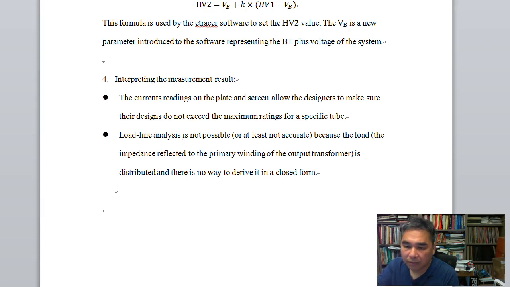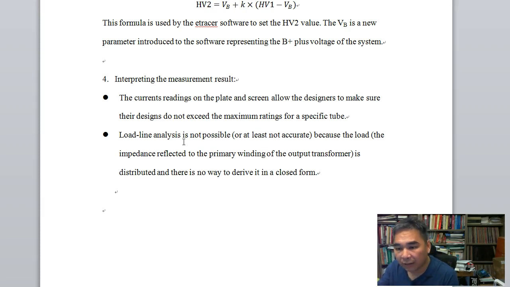The reason is that the primary inductance of the primary winding of the output transformer is distributed on both the screen electrode and the plate electrode.